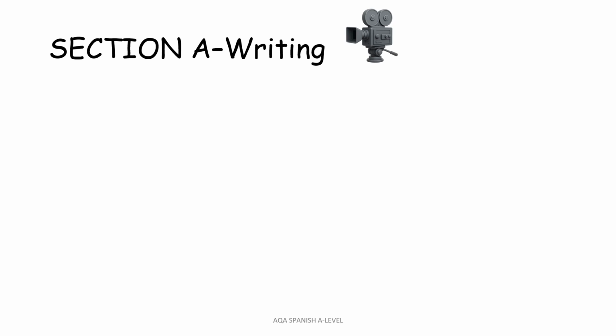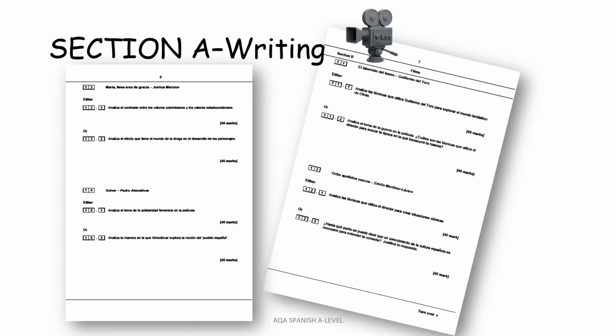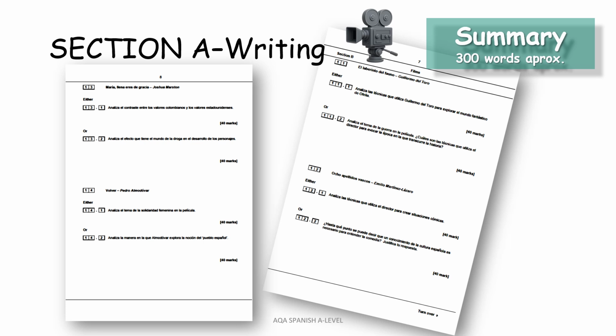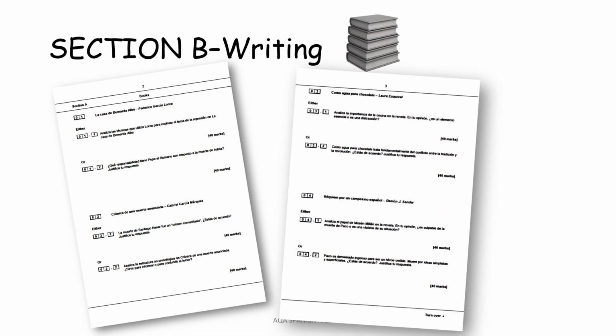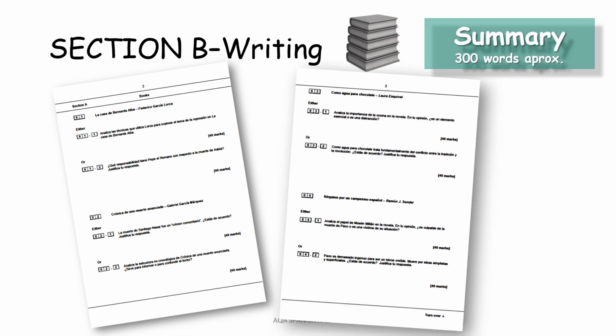Whichever you pick, you're aiming for about 300 words per question. The same word count applies when writing about a book. Think of it as being a film or literature critic, but in Spanish.